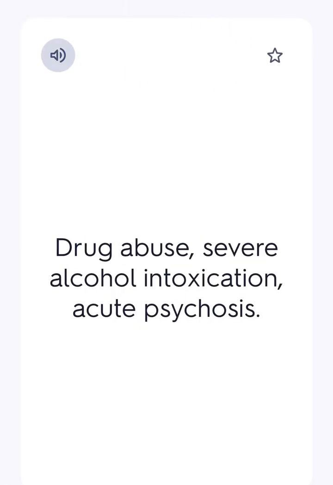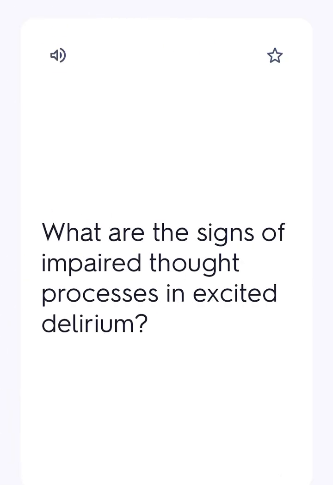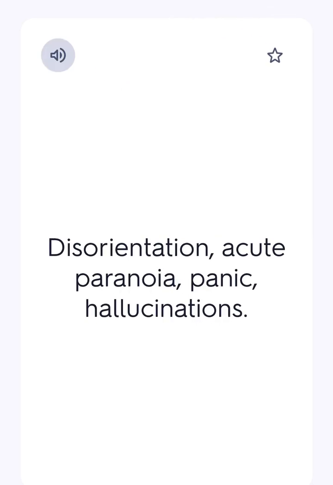Drug abuse, severe alcohol intoxication, acute psychosis. What are the signs of impaired thought processes in excited delirium? Disorientation, acute paranoia, panic, hallucinations.